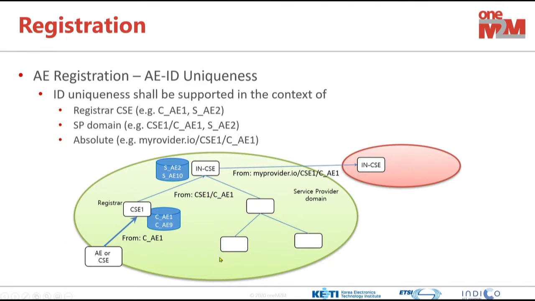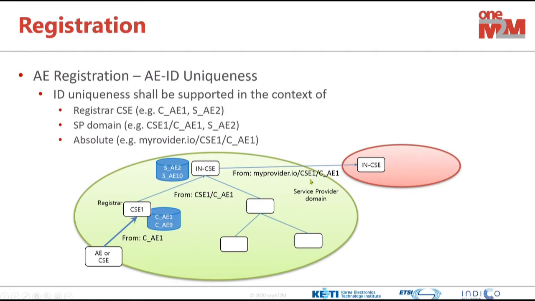So this is one service provider domain, and this one is the other service provider domain. And service providers have their own identifier. For example, myprovider.io. oneM2M defines the service provider ID format as FQDN, which is something like this.